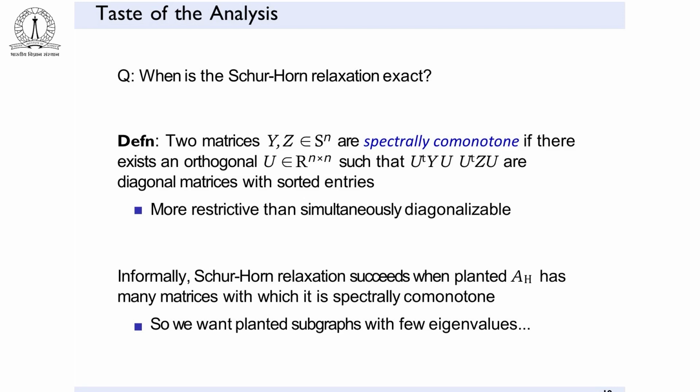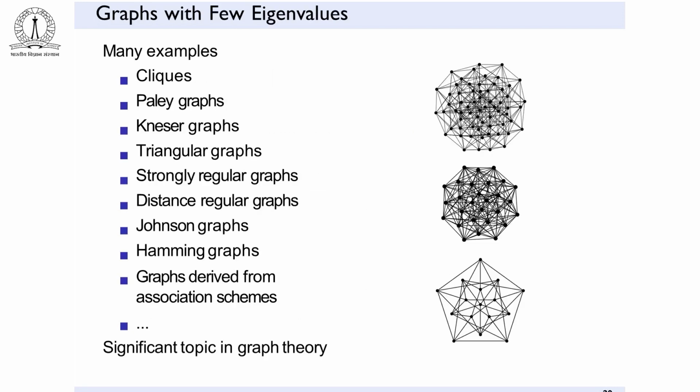But this method will work for lots of graphs that have few distinct eigenvalues. We'll show that it works for the planted clique problem, but it works if the planted graph is any of these and many, many more.